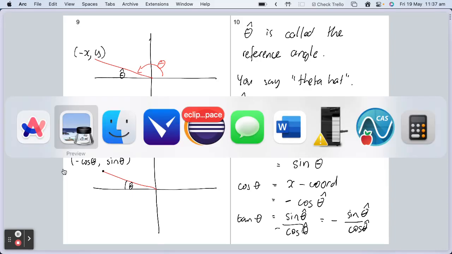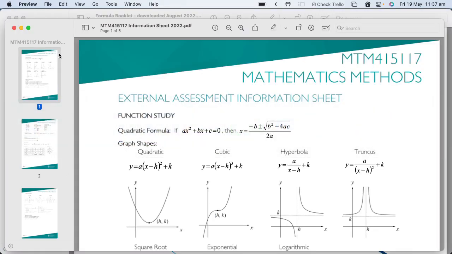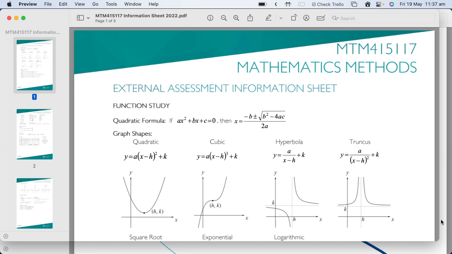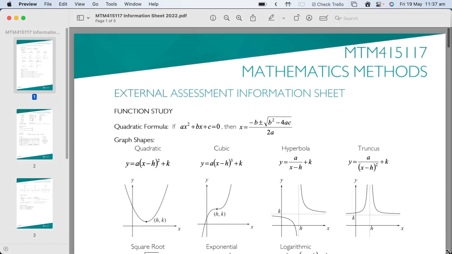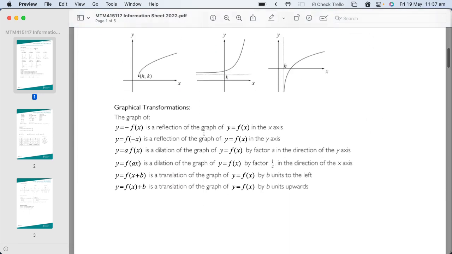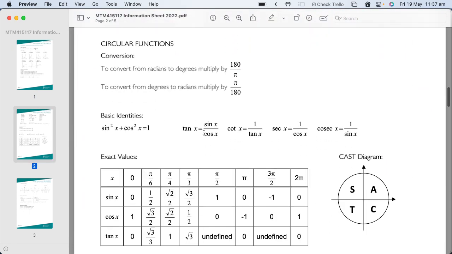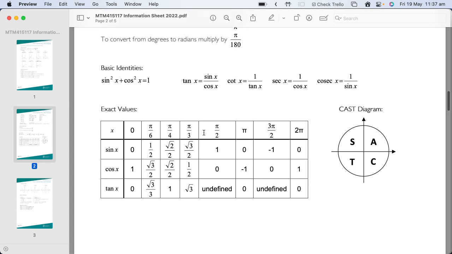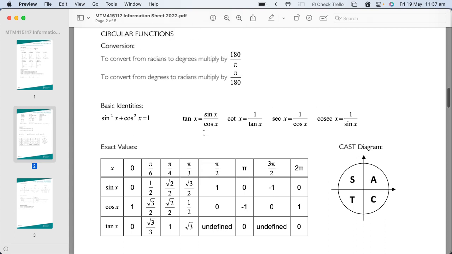I thought I might start this lesson by quickly having a look at your information sheet. Why not? As it was last year, your trig section here has some stuff that you don't need to memorize, but it's good for you to know how it works out this way.